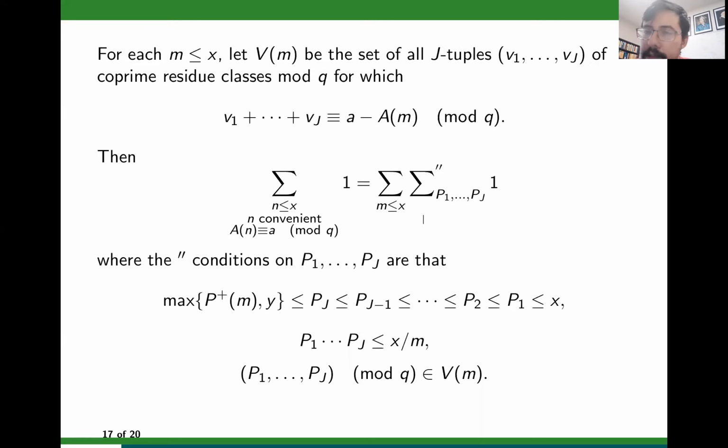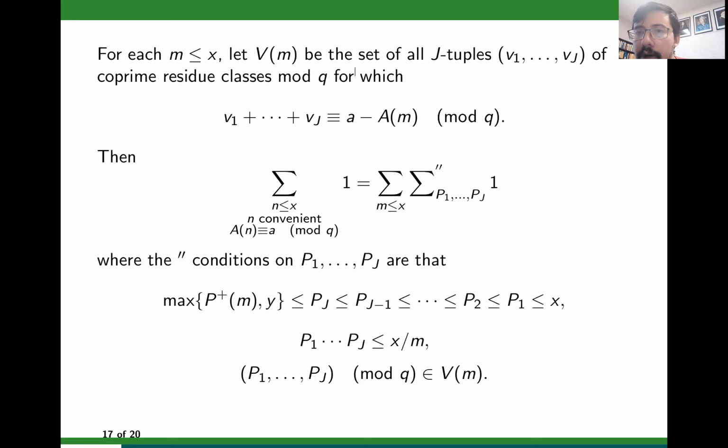And that tells me that the residue classes of p1 through pj have to be such that when I add them up mod q, I get little a minus capital A of m. So in other words, what I need is that p1 through pj, that tuple of primes reduced mod q, is in this set that I'm calling V of m up at the top.